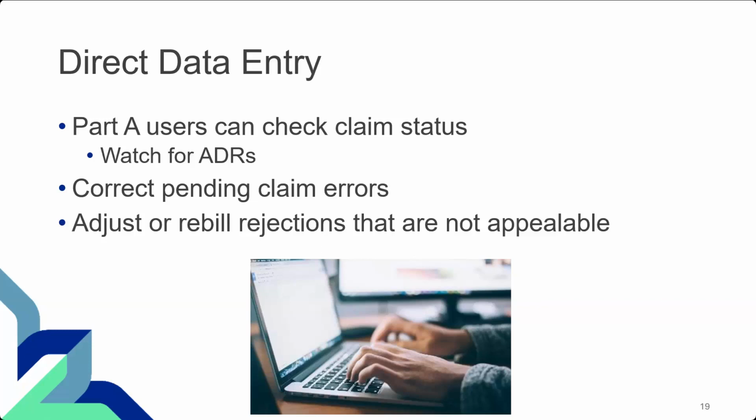If I can insert a tip here, an example of something you can correct within DDE might be a missing or an incorrect diagnosis code. When adding diagnosis codes to your claims, be sure to place them in the diagnosis codes field and not just the PRV, patient reason for visit field.